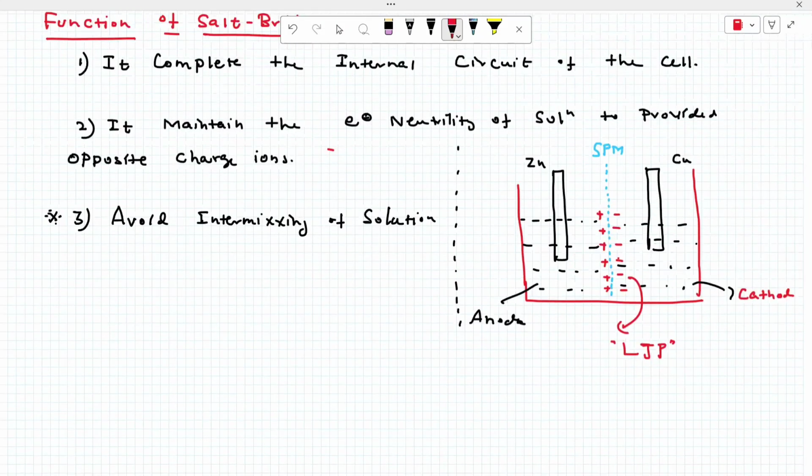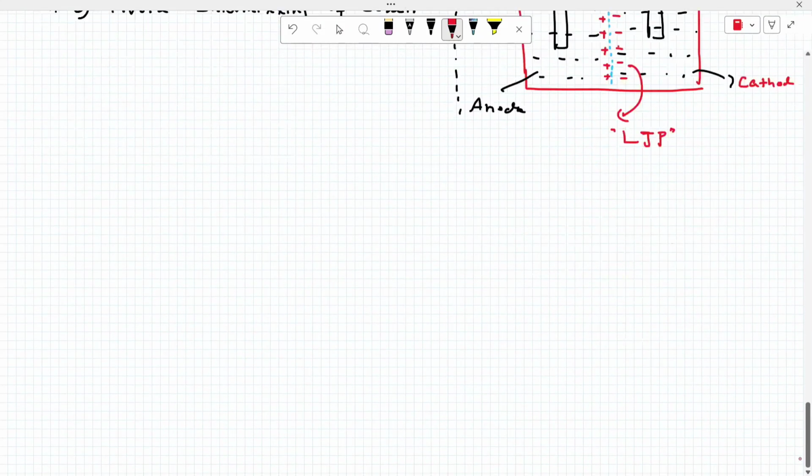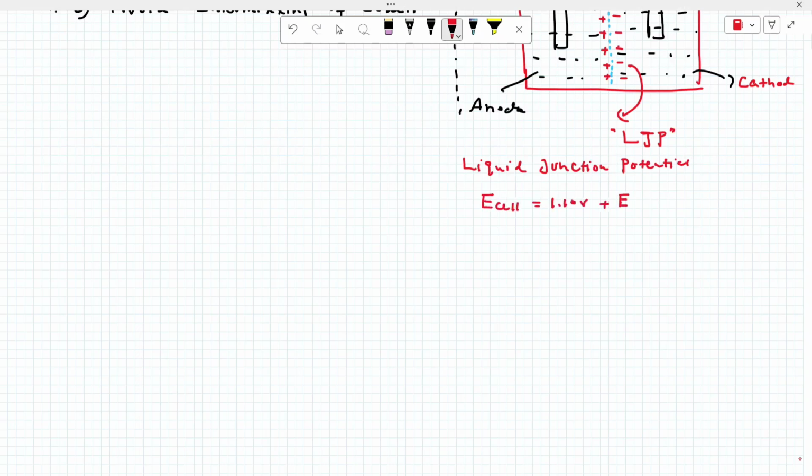That is called LJP. For cell now see, therefore the E cell value equals 1.10 volt plus the potential of liquid junction. இதான் கான்செப்ட் சொன்னோம், புரியுதா? அப்ப நம்ம எதிர்பார்க்கிற வேல்யூல some error value வந்துரும்.